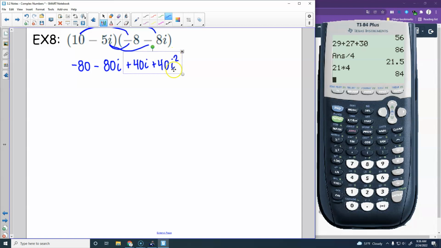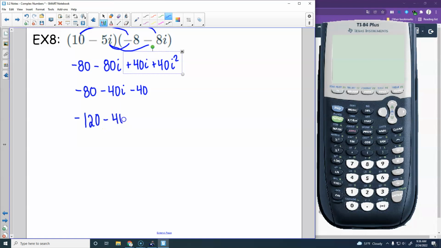And so we just need to change that I squared to a negative 1. And when we do that, we'll have negative 80. We can put the negative 80I and the 40I together to get negative 40I. This is going to be a minus 40 whenever we change that I squared to a negative 1. And so we would end up with negative 120 minus 40I.